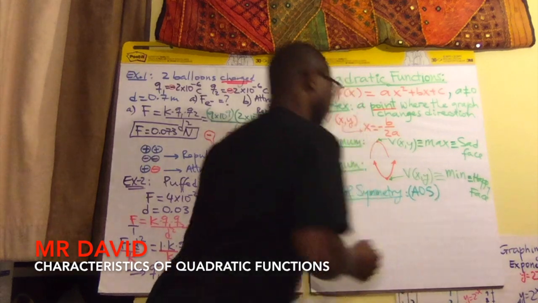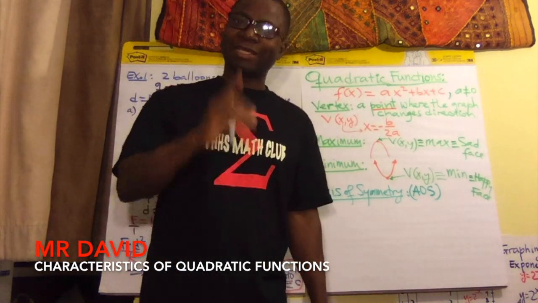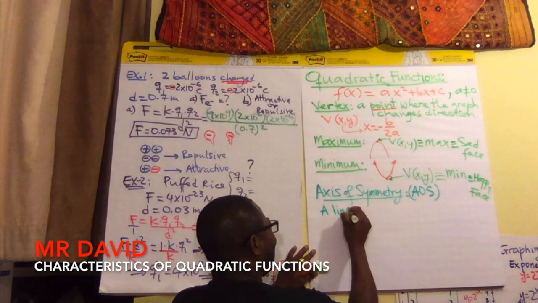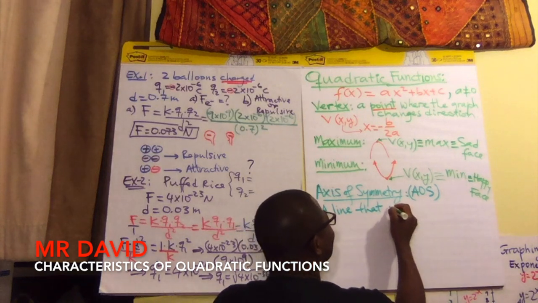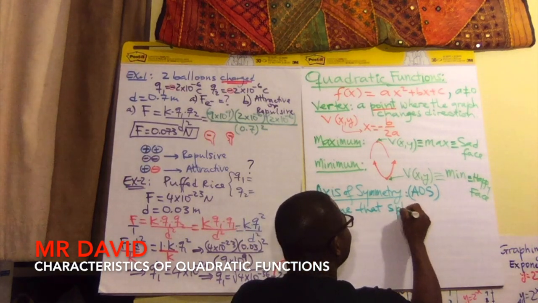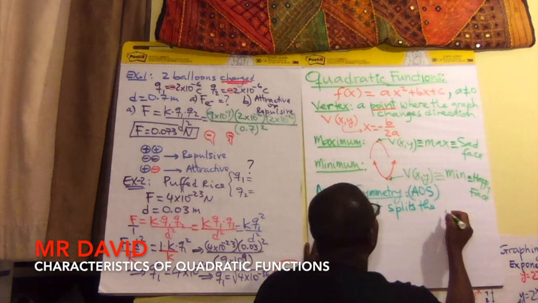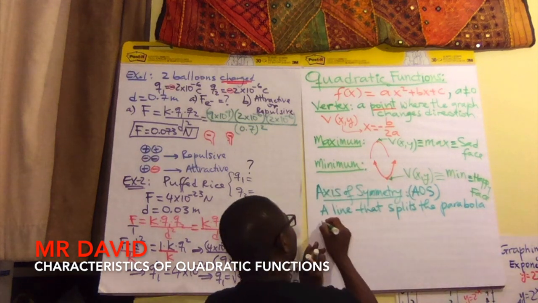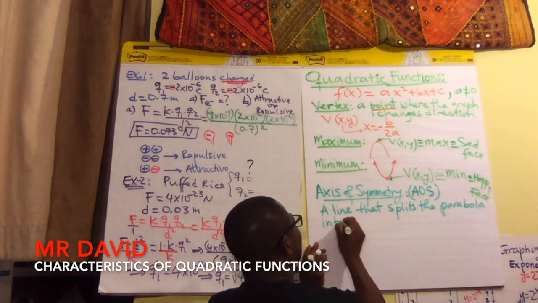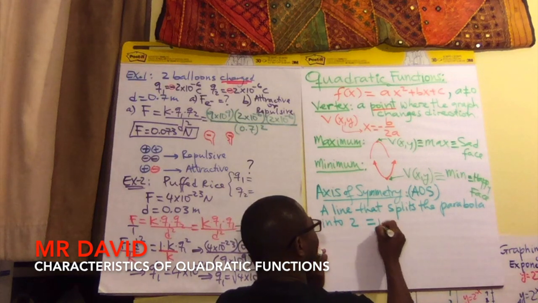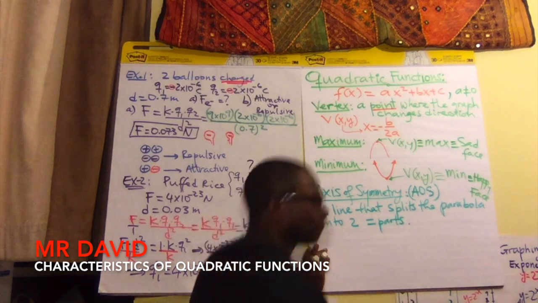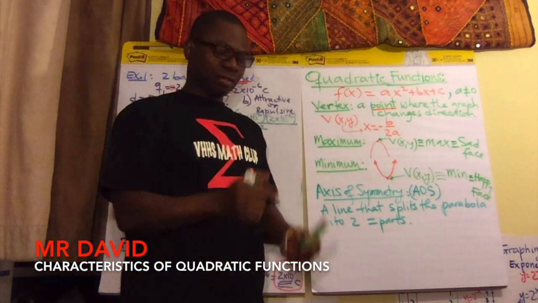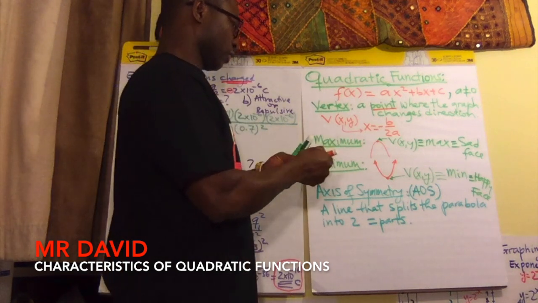The axis of symmetry is a line that splits the parabola into two equal parts.